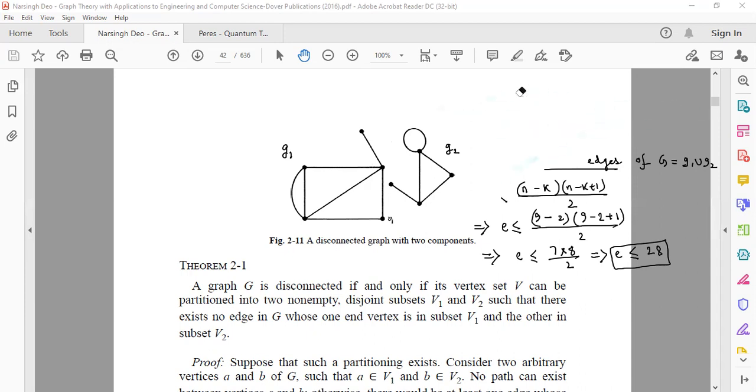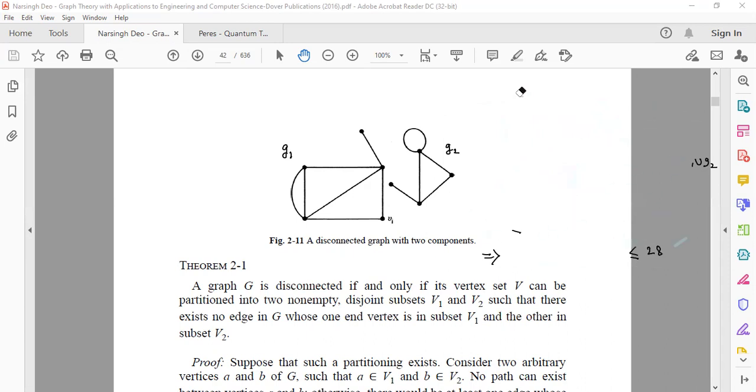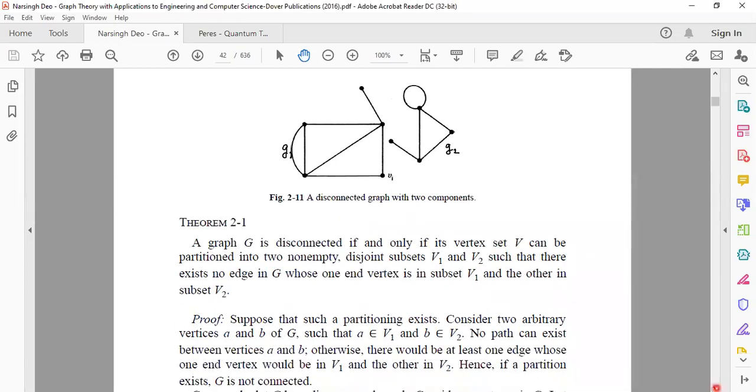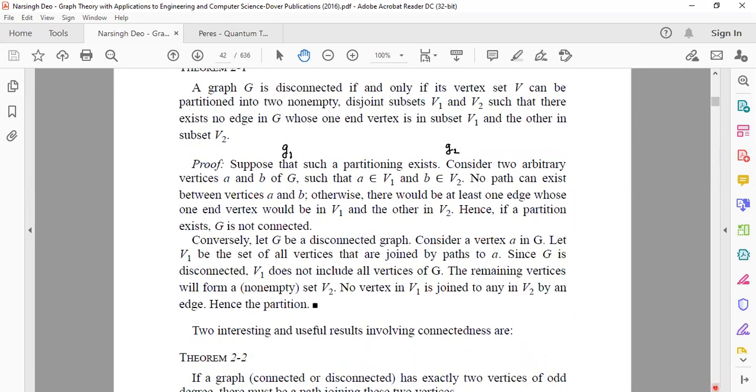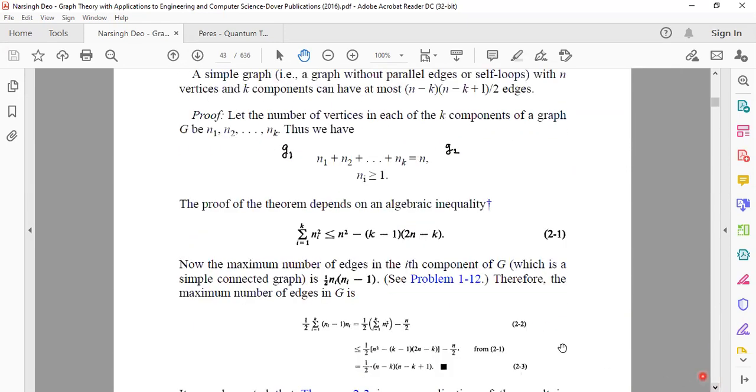So this particular result, the theorem that I have described, is a very useful result. And now I'm going to solve one problem taken from the exercise, where I'm going to use this result. But I'm not going to explain the proof over here, because it is well written, and if you go through it properly, you will be able to figure it out yourself.